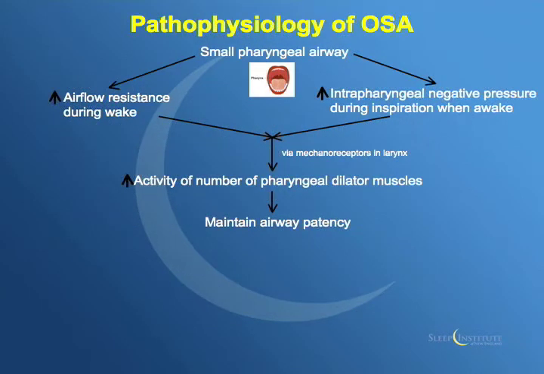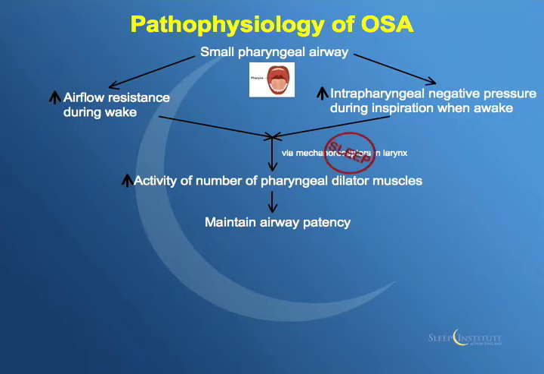Pathophysiology of sleep apnea starts with a small pharyngeal airway, whether that's due to weight or structural, if you're born with a small airway or micrognathia. There's airflow resistance and a negative intrathoracic pressure that is created, intrapharyngeal negative pressure, and via the mechanoreceptors, there's an increase in the number of dilator muscles that are used to keep the airway open, so your airway stays open.